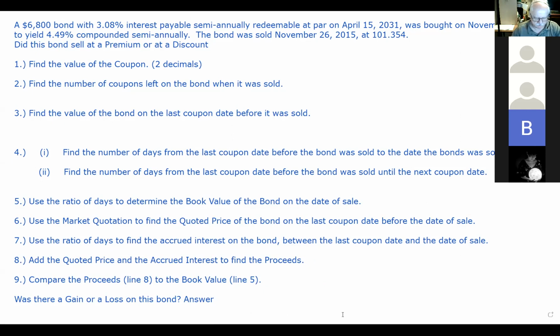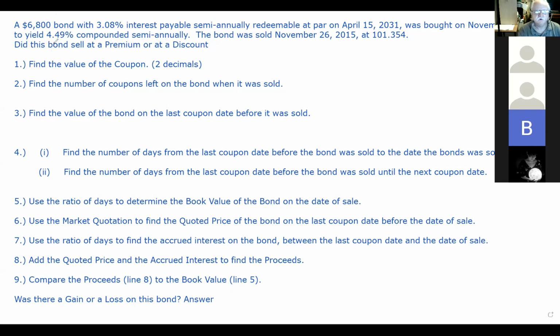Let's see what we can do here. Find the value of the coupon. So it's just one bond, not a bunch of them.